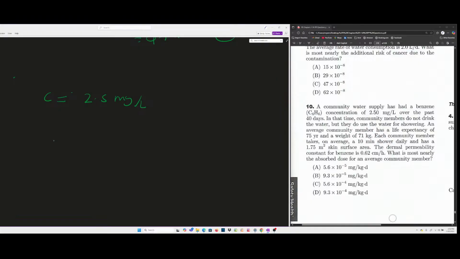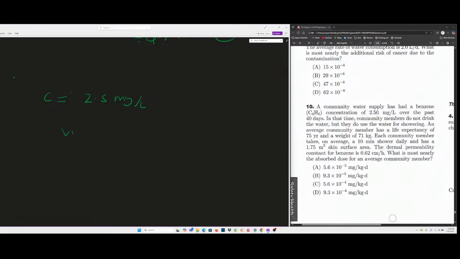Over the past 40 days, community members did not drink the water, but did use the water for showering.